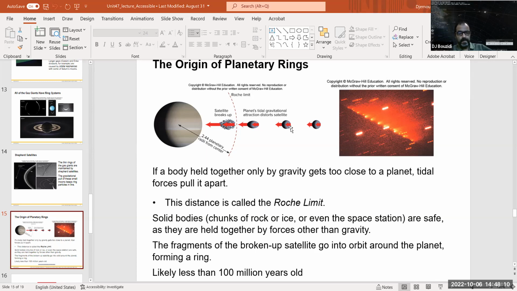Again, this is basically how the rings also form. So this is the origin of planetary rings and how they form.